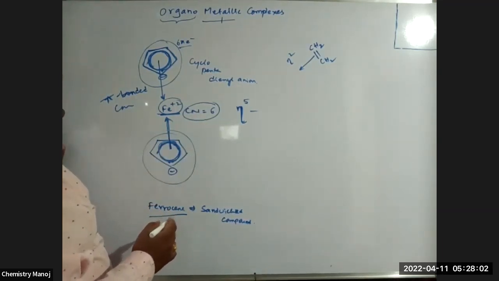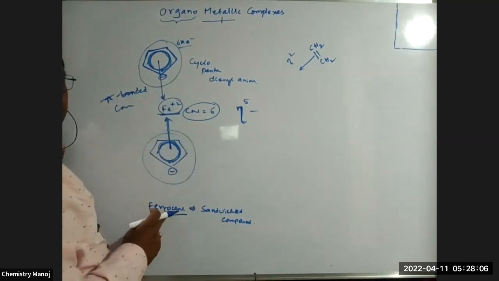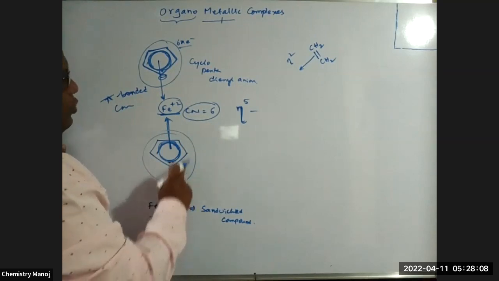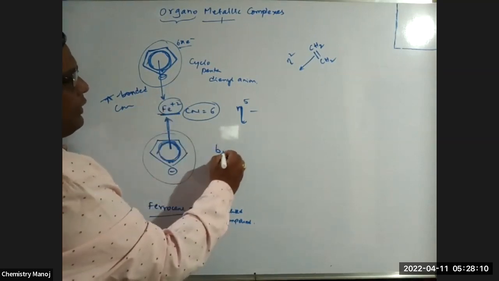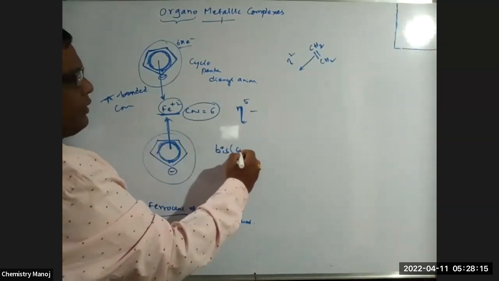Overall, this is -1, this is -1, this is +2. It is a neutral complex. So two cyclopentadienyl groups are there, that is bis. Bis means two groups.